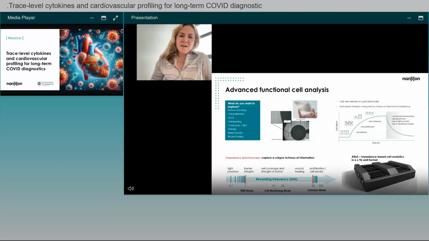And this method has been introduced in a high throughput format with the Atlas system. This system, the Atlas, is being used today for investigating, for example, cancer cells within immuno-oncology or GPCR-mediated signaling, just to name two.